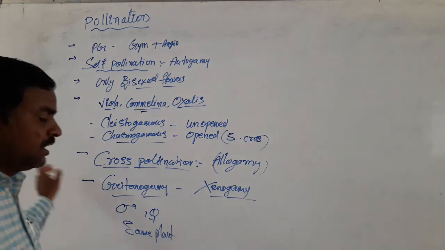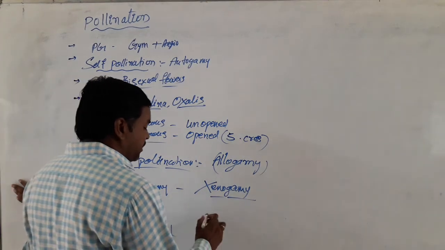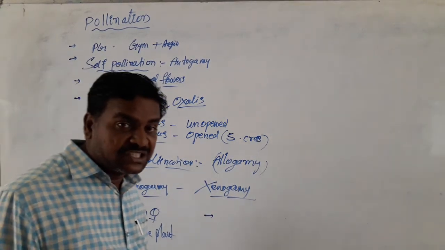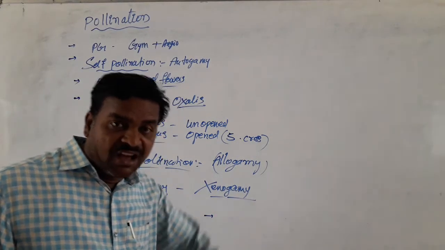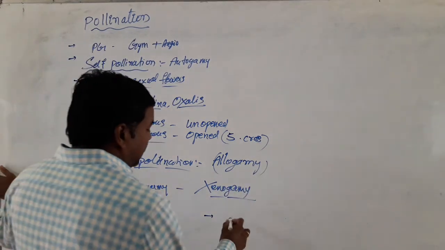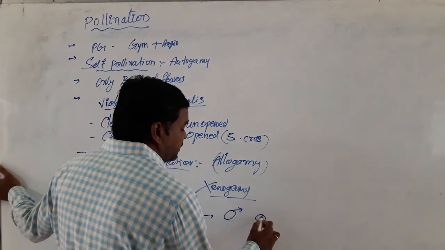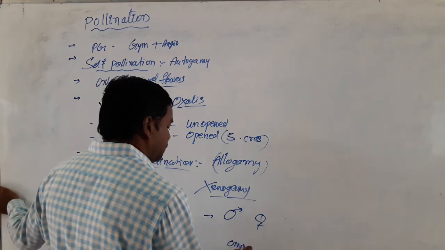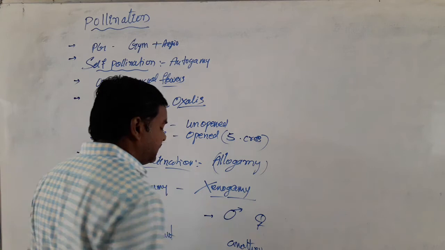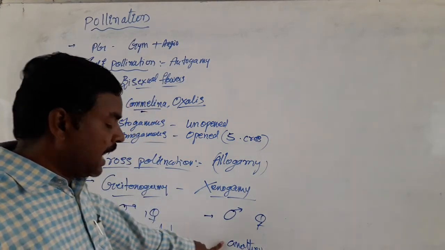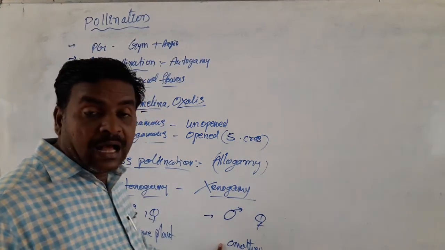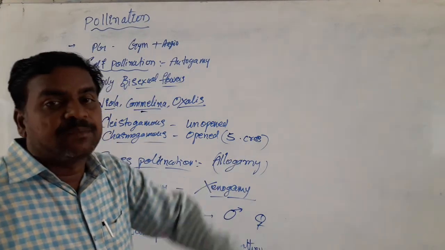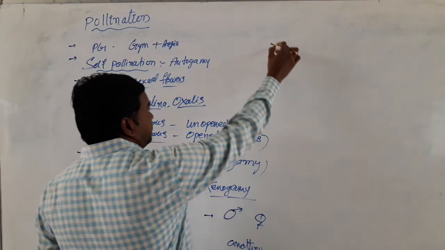This is called geitonogamy. But what is xenogamy? This is a transfer of pollen grains from anthers to the stigma of another flower present on another plant. Here male flowers are present on a male plant and female flowers on a female plant, and transfer of pollen grains takes place from anthers to the stigma of another flower present on another plant belonging to the same species.